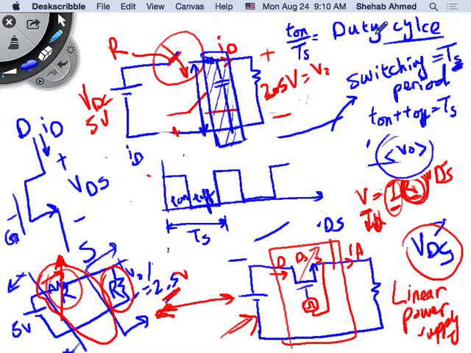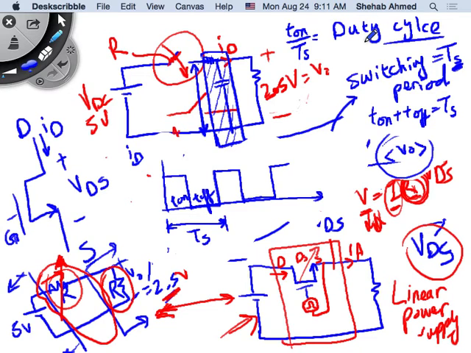The duty cycle is typically given as a ratio or a percentage. I can tell you the duty cycle is 0.1, which is 10%, or 0.5, which is 50%. So it's a fraction of 1.